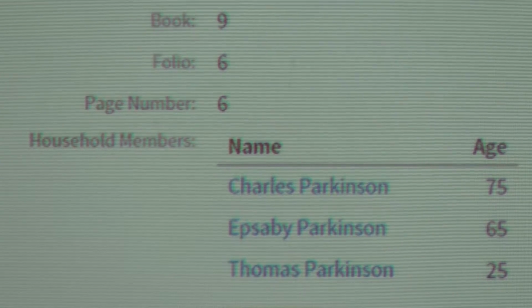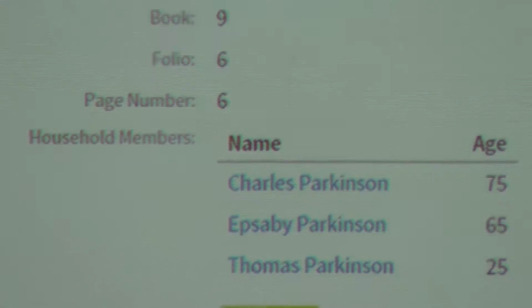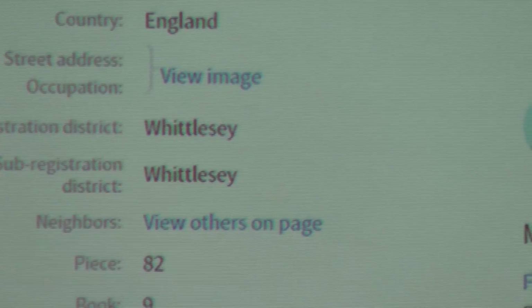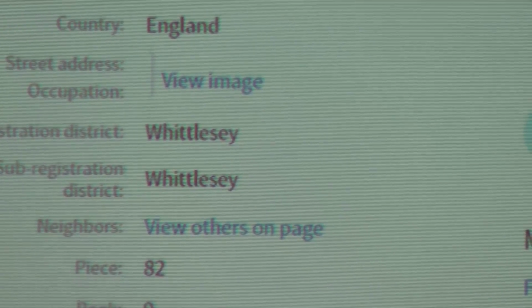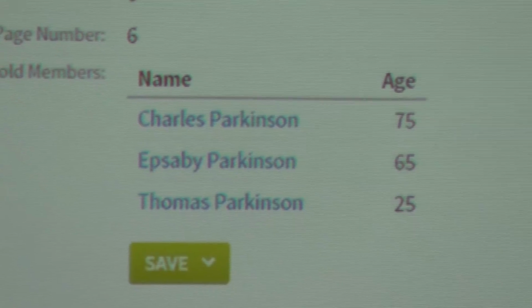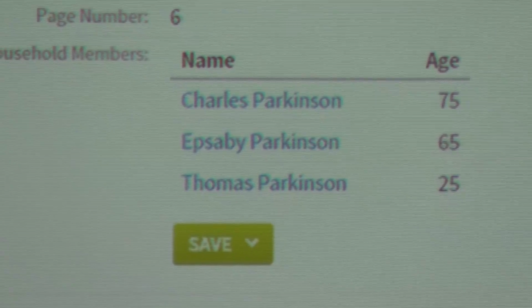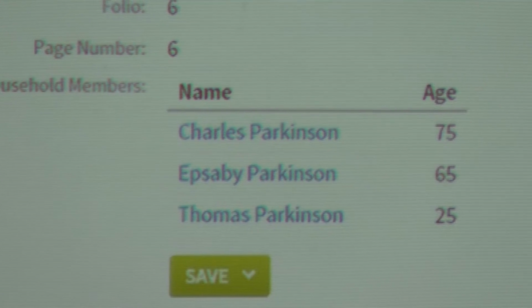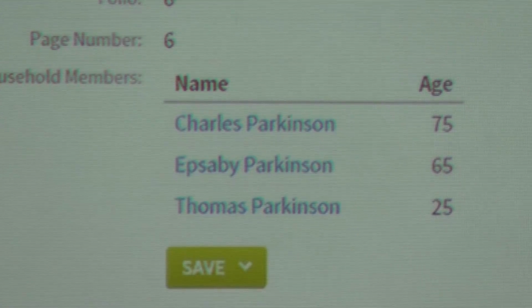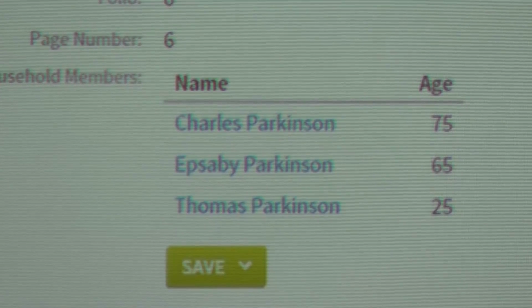And they're listed in Whittlesea in Cambridgeshire, England. And there's Charles at the right date, and his wife, whose name really is Hepzibah, the right age, and a son named Thomas, who was listed and has the right age. And they're in Whittlesea. Well, the problem here is Cambridgeshire versus Huntingdonshire.